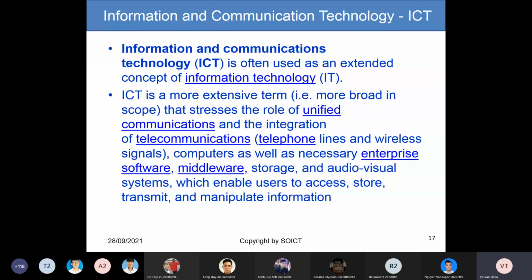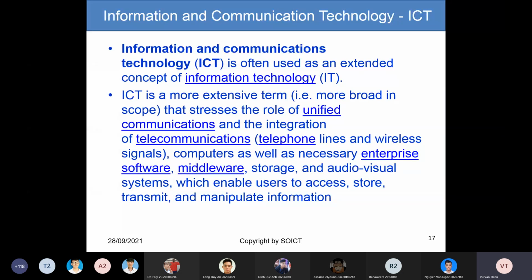So we have information and communications technology, ICT. This term consists of two parts. First is information technology, which we already talked about, and then communication. Communication means we use IT together with a network or the internet. That is ICT.